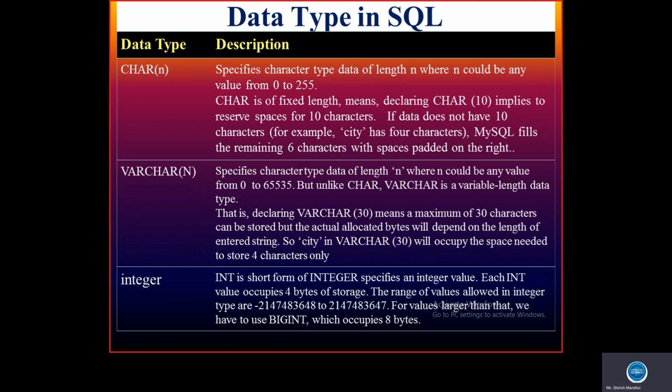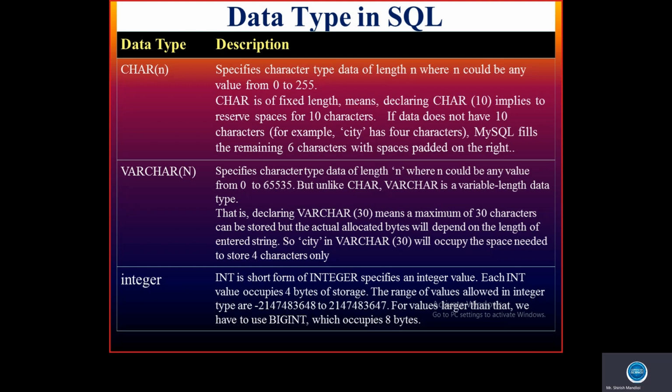Fixed length means when you declare a variable of size 10, it will reserve 10 characters of memory in the computer system. If you are declaring only 4 characters for a city, the remaining 6 are occupied by spaces. That means all 10 spaces are counted when you declare CHAR(10).